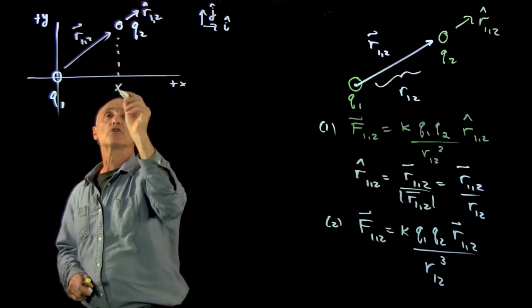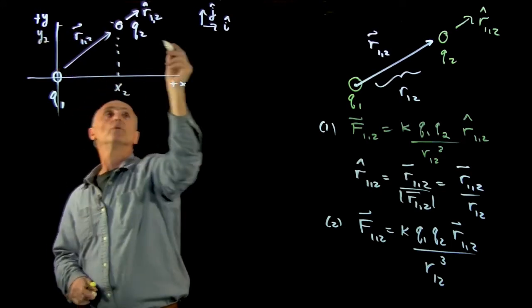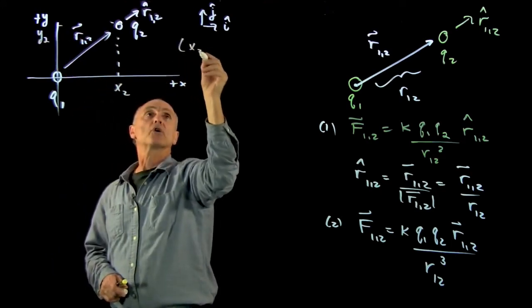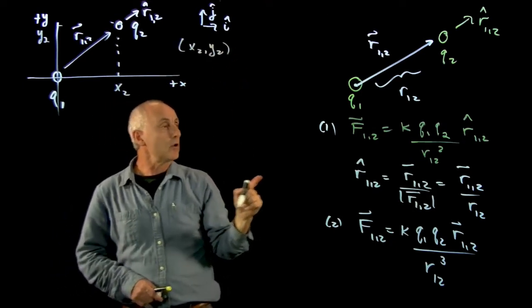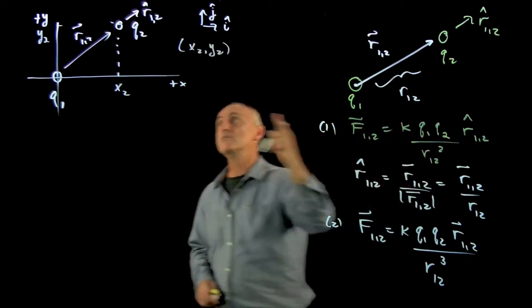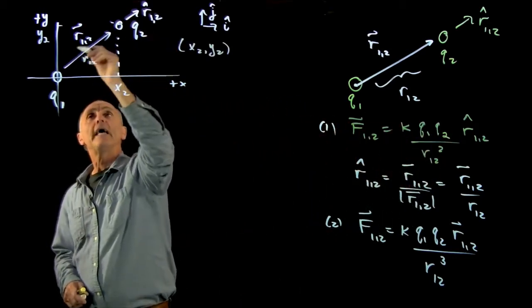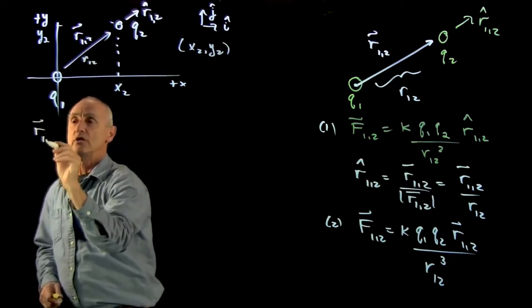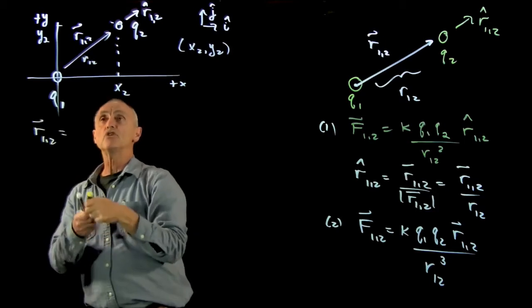Now, if this is the position x2, and over there is y2, our charge 2 has coordinates x2 and y2. And now we can easily express both the distance, using the Pythagorean theorem, and this vector r12. So let's write these out. r12 is simply the decomposition.